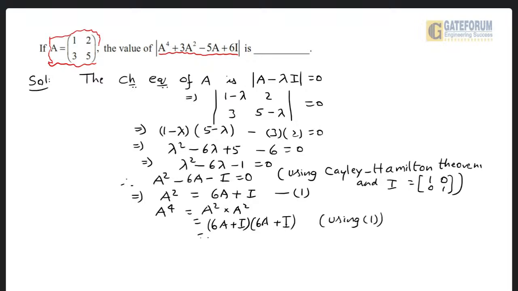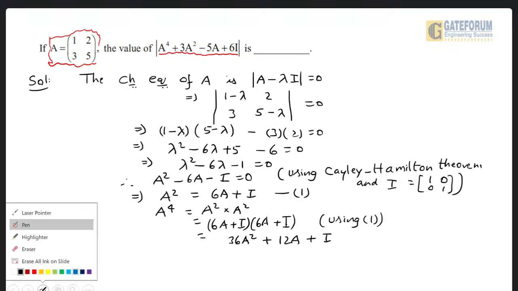Now multiplying this, 6A into 6A is 36A square, 6A into I is 6A, I into 6A is 6A, so this simplifies to 12A, and I into I simplifies to I.